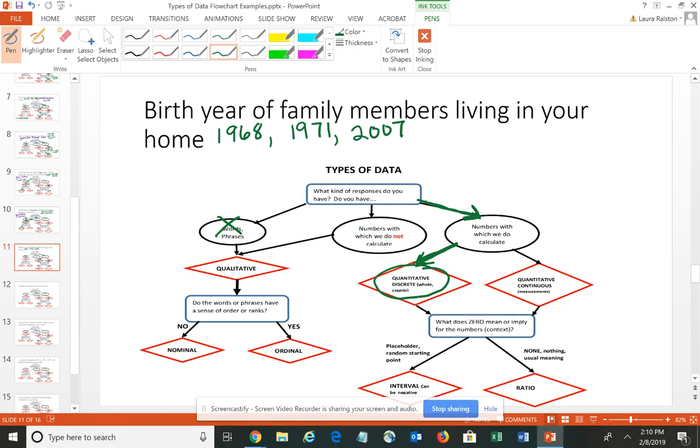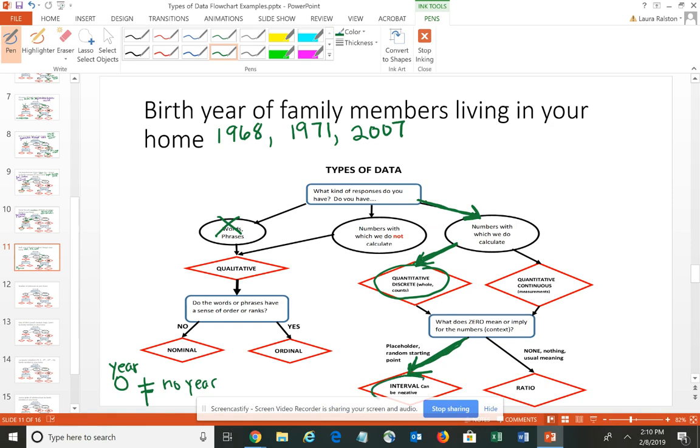And then again, you've got to think about what 0 means. Think about what it would mean to say, I was born in year 0. Year 0 does not in any way mean there was no year, or that nothing happened. It's just the place where at some point humanity started counting and marking off the years.